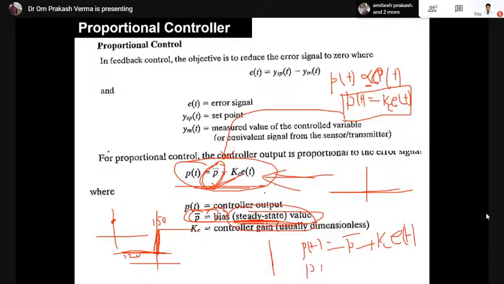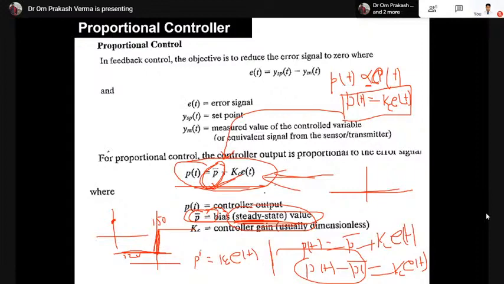But if the bias value is carried to the left hand side, then the equation becomes Pt minus P bar equals Kc into Et. Let's say this Pt minus P bar is known as P prime. And P prime becomes Kc into Et.